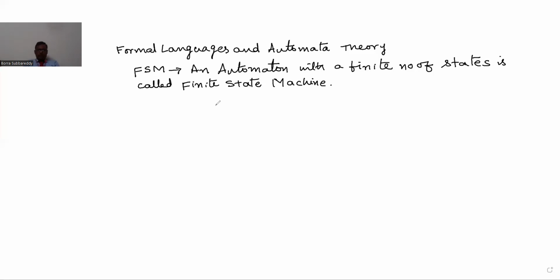So an automaton with a finite number of states is called finite state machine.